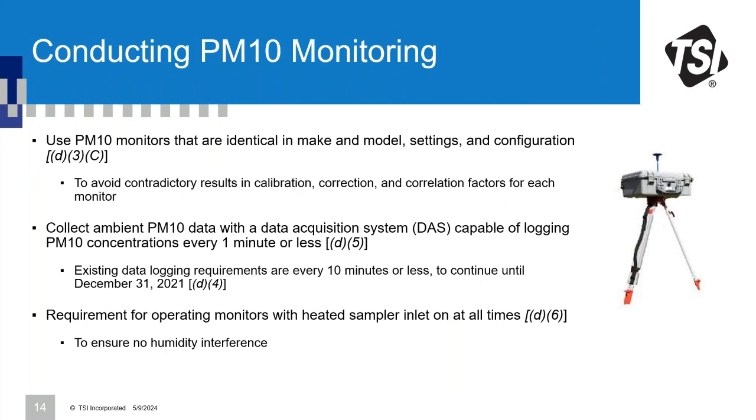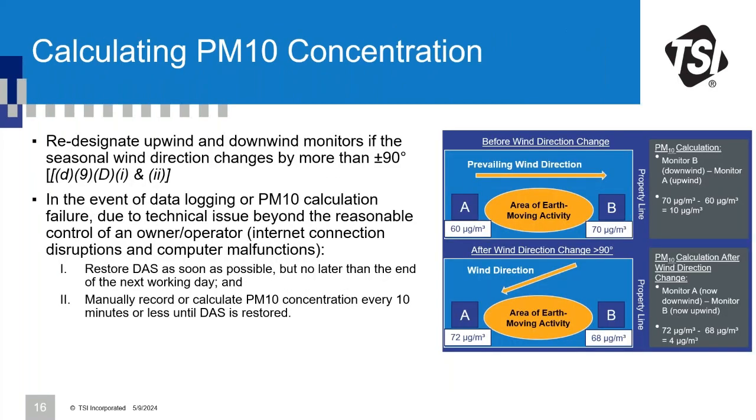You would take your upwind monitor, see what the concentration is, and subtract it from the downwind. That's why there's a need for two monitors, as it will take the average of both within 120 minutes and give you the total difference. That's where you get your 25 micrograms per cubic meter, to see if you're exceeding that level by comparing the two monitors.